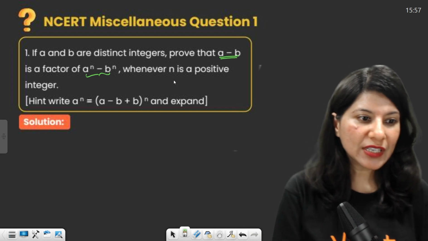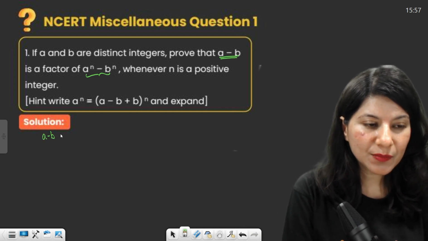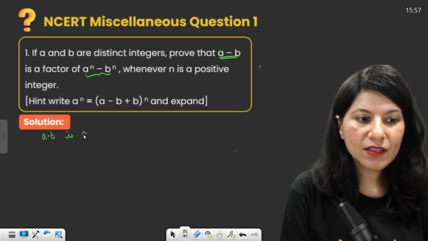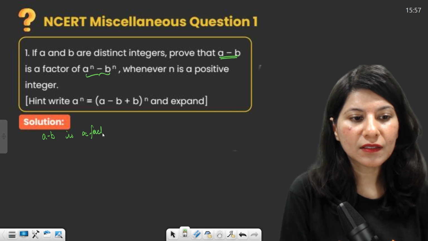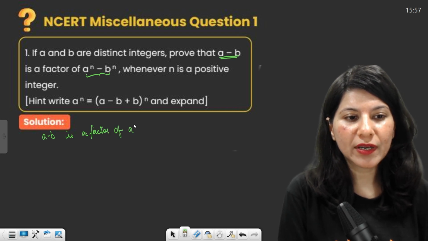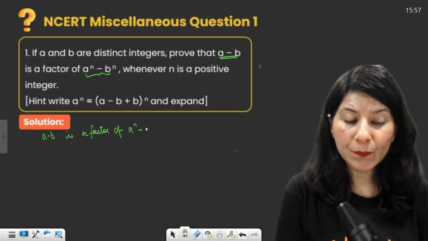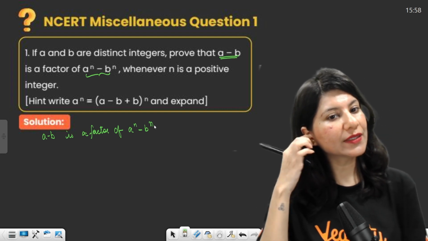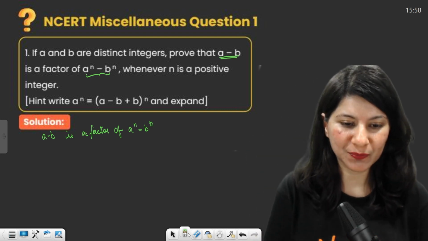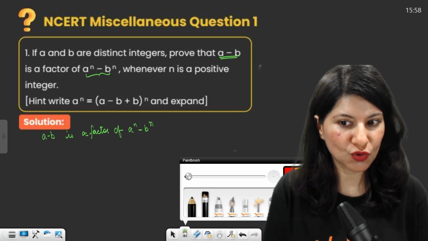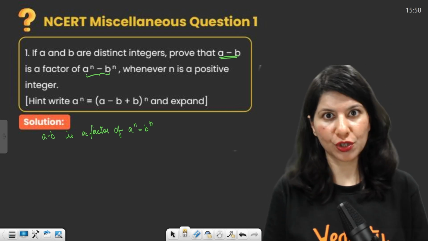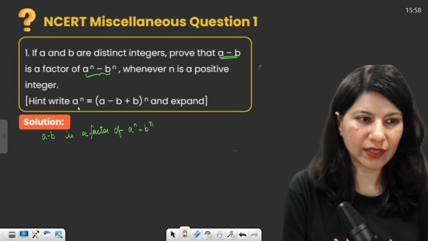So we need to prove that a minus b is a factor of a raised to power n minus b raised to power n. They are giving a hint also, although in the examination you will not get a hint.